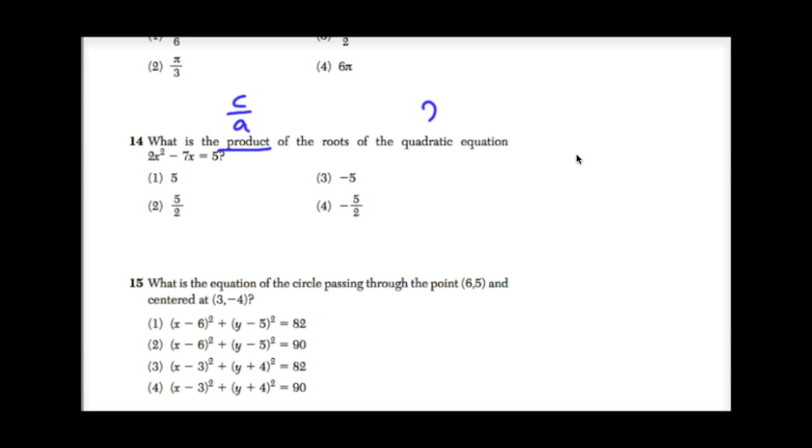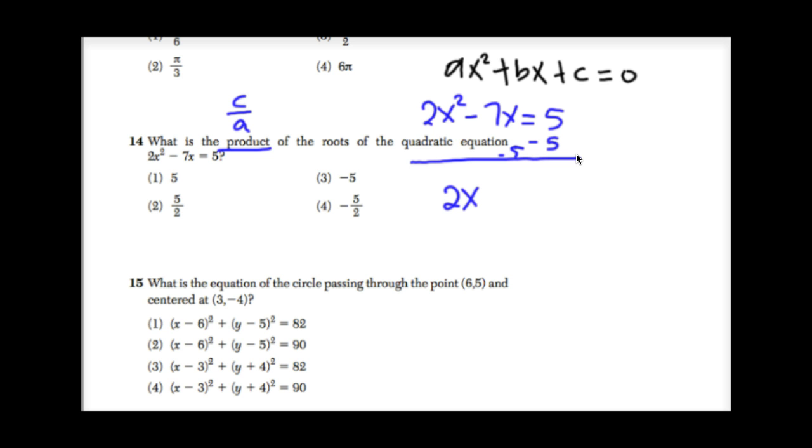Now looking at what they give us, 2x squared minus 7x is equal to 5. That's not in the form I need. I need it in the form ax squared plus bx plus c equals 0. Now, how do I make this into my quadratic form? I would minus 5 on both sides. When I minus 5, I get 2x squared minus 7x minus 5 is equal to 0.